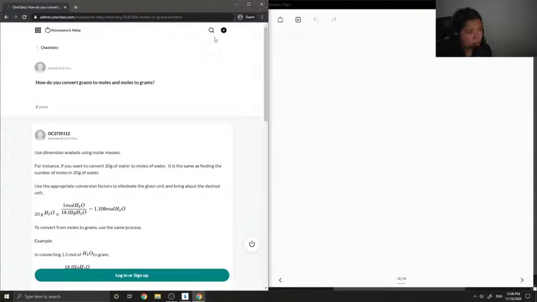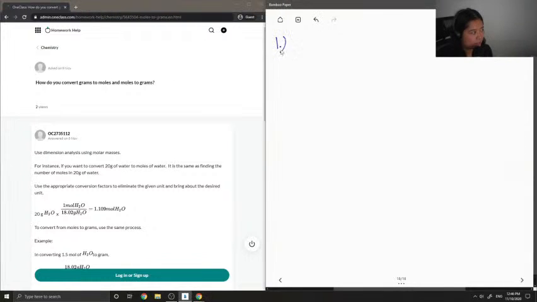Okay, so the first question simply asks, how do you convert grams to moles and moles to grams? Basically, the number of moles is equal to mass over molar mass.